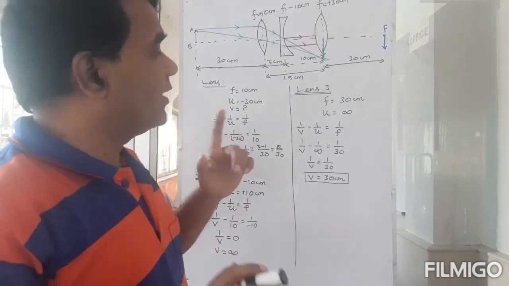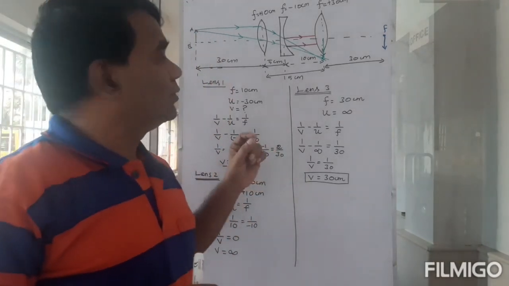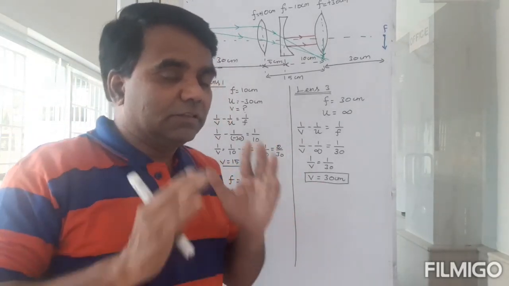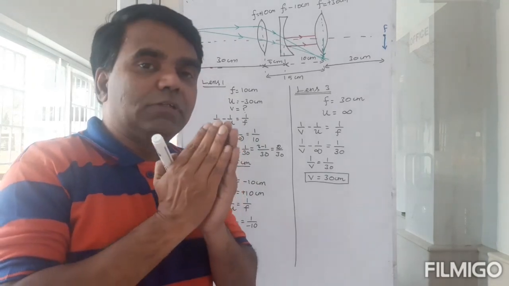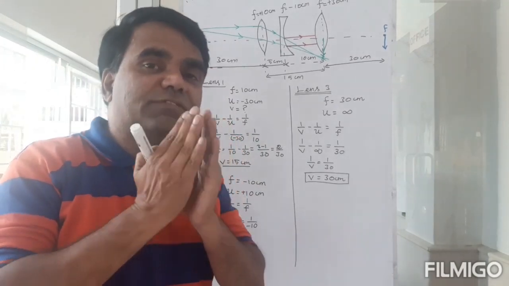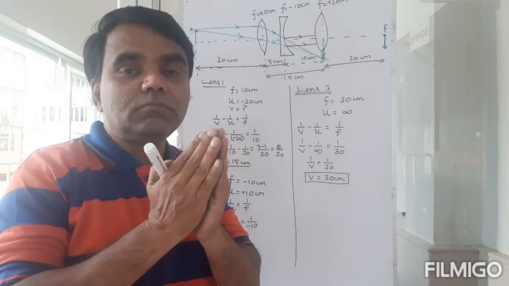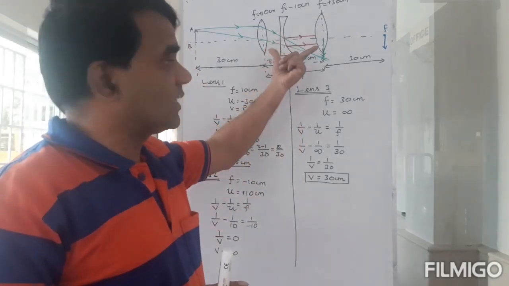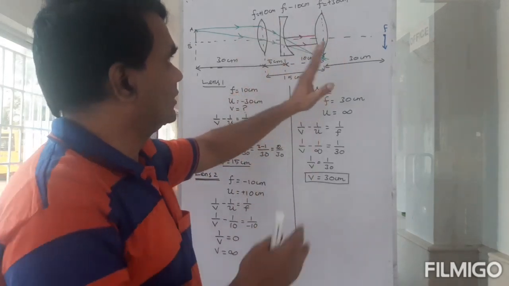But the point to remember is, don't try to use the thin lens formula which you just derived. That is for the combination of thin lenses which are in contact, which touch each other. But here they are not touching each other. They are different lenses.